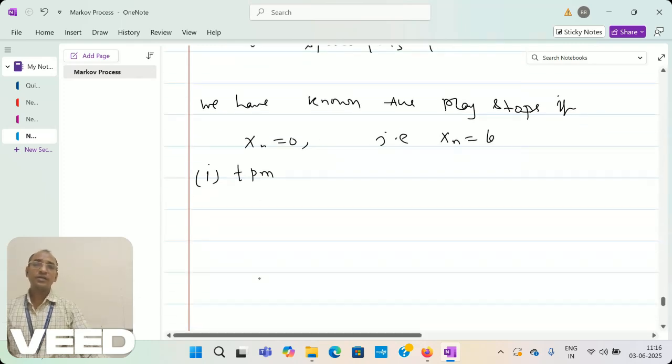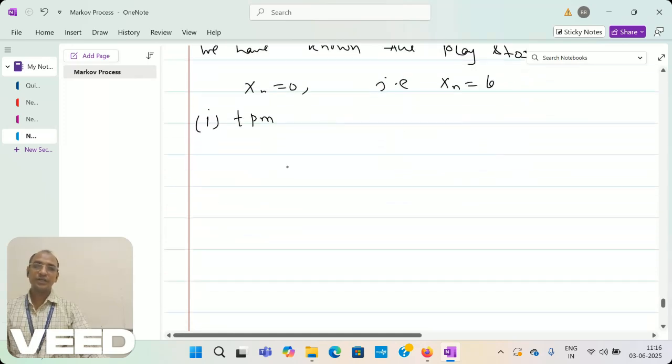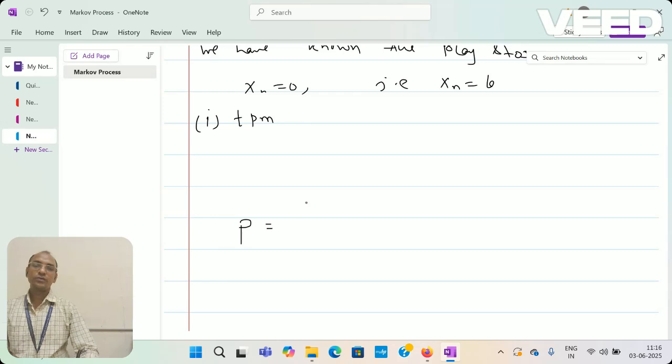So here there are the states 0, 1, 2, 3, 4, 5, 6. So the TPM is a stochastic matrix which is of order 7 cross 7. The present states are 0, 1, 2, 3, 4, 5, 6.